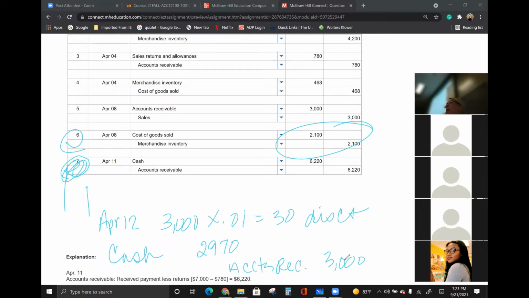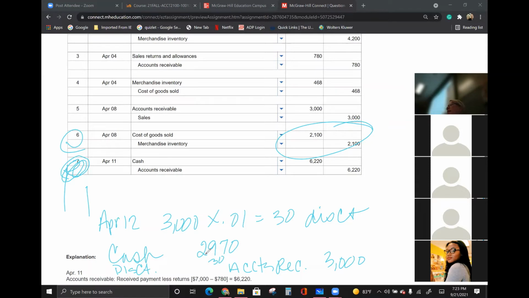So I know that I've taken this discount, so I need to put it to some sort of discount account. It would be a debit, maybe to sales discounts. It's a contra account for the $30.